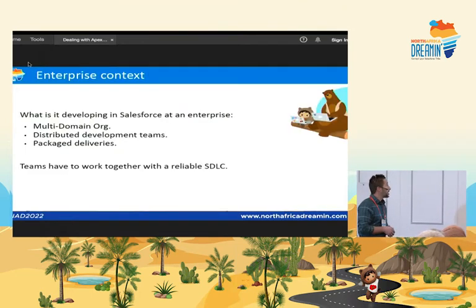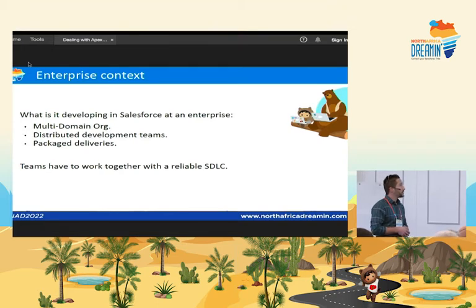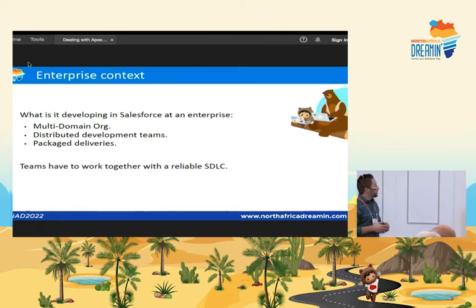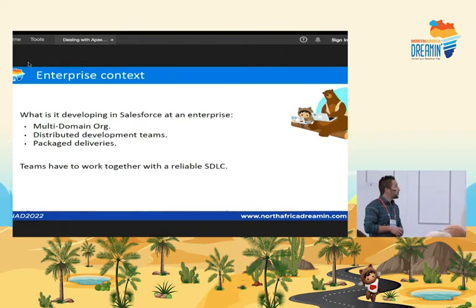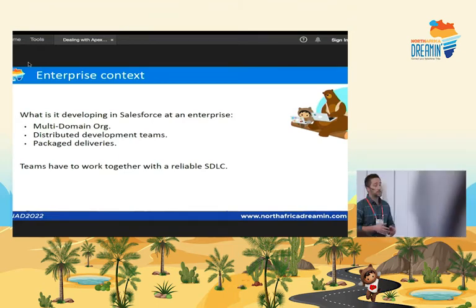To start with, we will explain what it is to develop in Salesforce at a company which owns its organization and has a really big product with a wide variety of applications. First, we need to understand that this may mean that the organization needs to be split into different domains to help in the management at a high level. Also, it's important to split the work into multiple distributed teams, which will focus on their own domains and will own the knowledge of each section of your product.